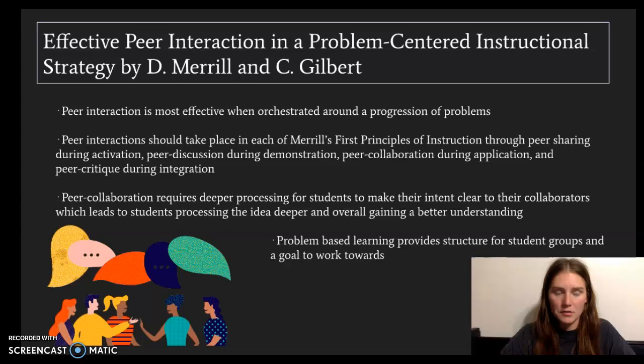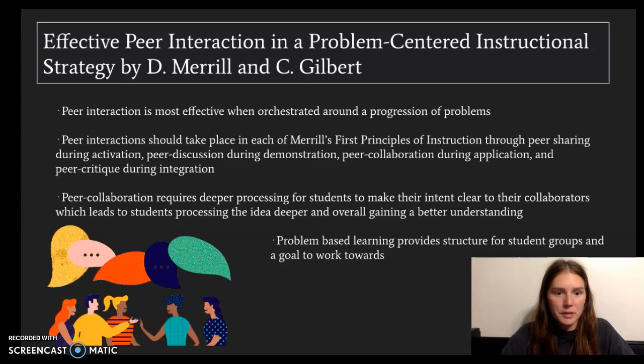So I really like how he provides examples of how to have peer interactions for each principle that he has. What he says, and it makes a lot of sense, is that when peers are able to collaborate, it requires them to process that information more, because they have to be able to explain it to their peers.